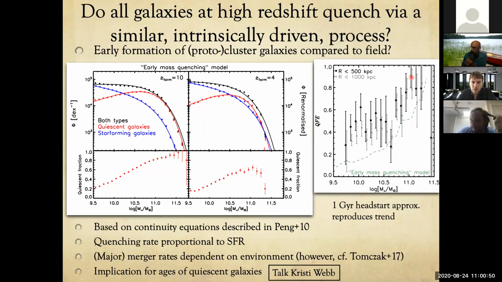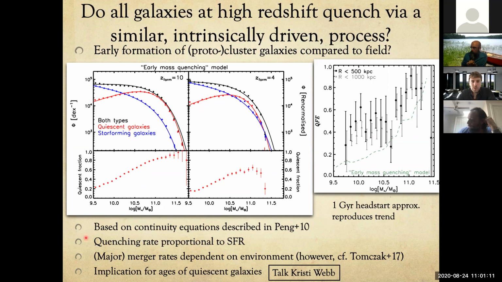And this is to compare to the quenched fraction that you measured in GOGREEN here in the black and the gray data points. And indeed, the qualitative shape that you get in such a very simple galaxy formation model roughly reproduces the trend that we observe in the data.